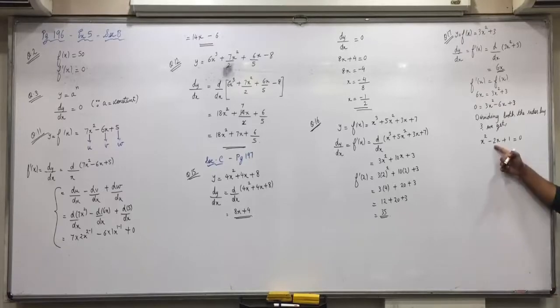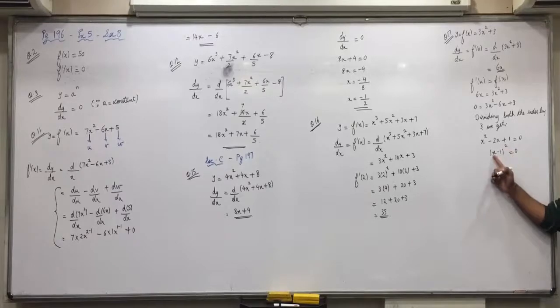Now can you see that this is a square minus 2ab plus b square? Can I say it is x minus 1 whole square? Directly, instead of doing the factorization. Because what would be x minus 1 whole square? a square, x square, minus 2ab, 2 into x into 1, 2x, plus b square, 1 square. So can I write x square minus 2x plus 1 as x minus 1 whole square?